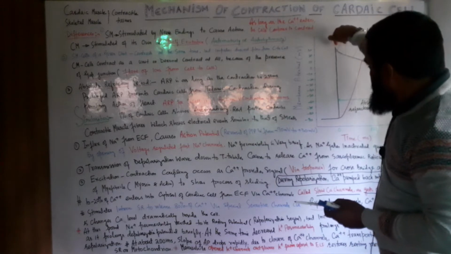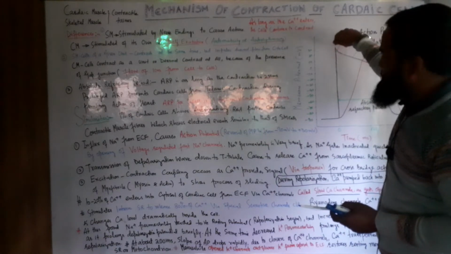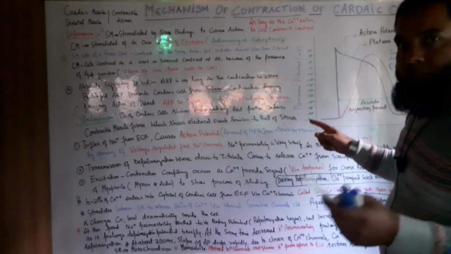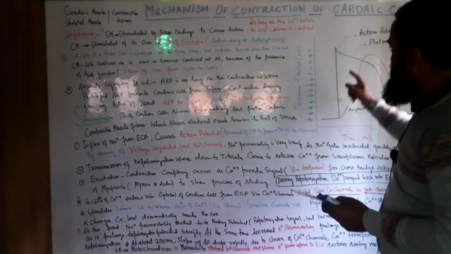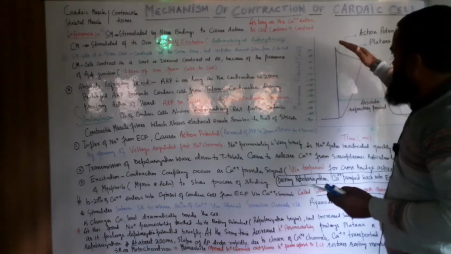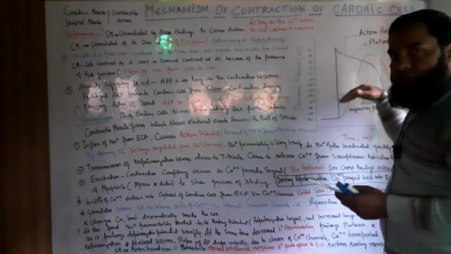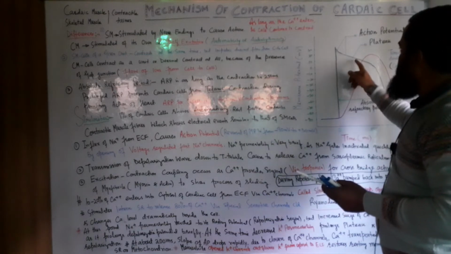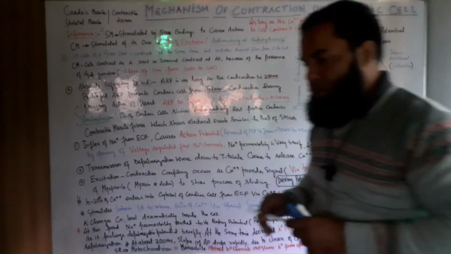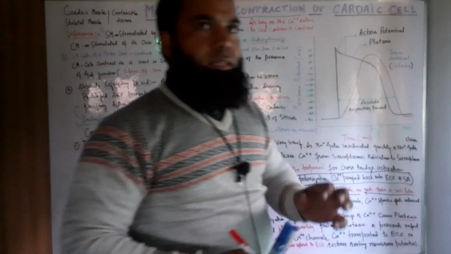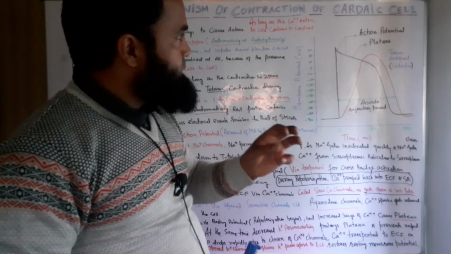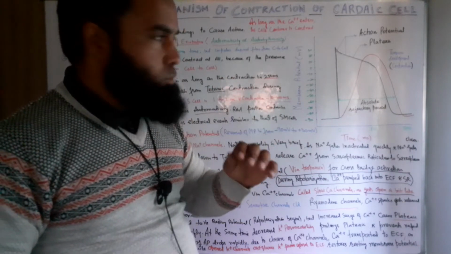There is a brief slope, but there is an opening of calcium channels and they remain open. In the figure, that line indicates a plateau. Tension development takes place in the plateau.